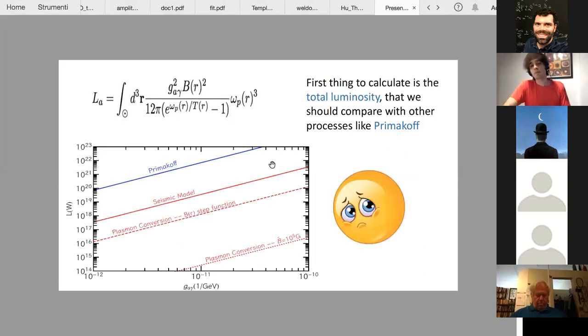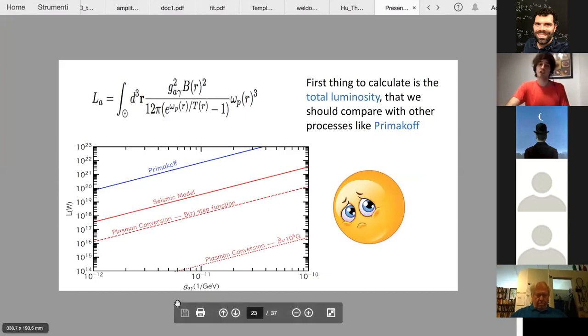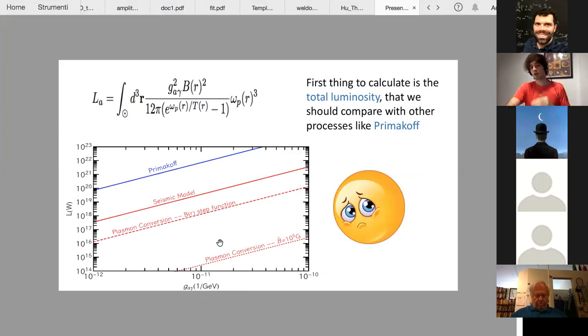And so we compared the calculation, and that was very sad news, because here you have the luminosity as a function of the coupling, and the blue line is Primakoff, and the red lines are the 3 magnetic field models that we use. You can focus just on this.